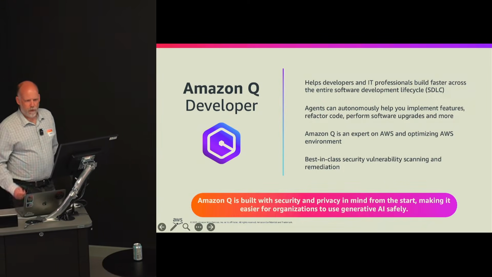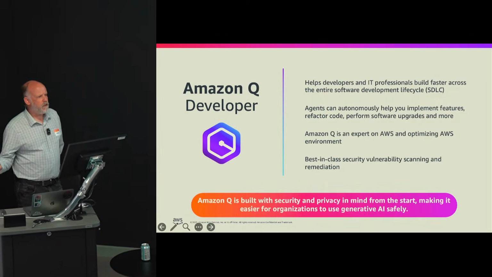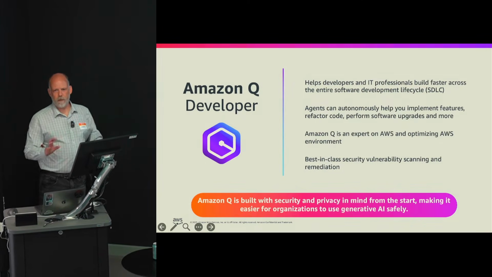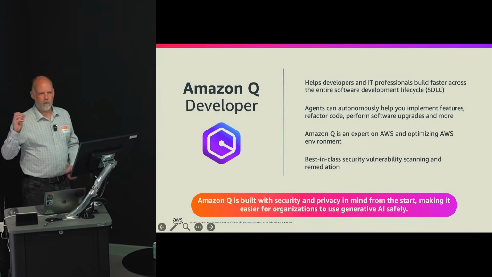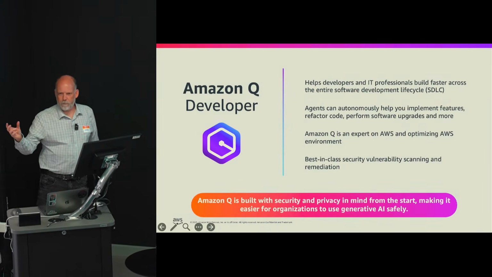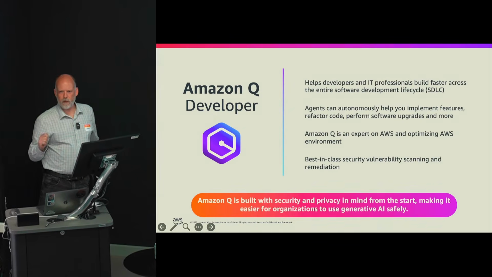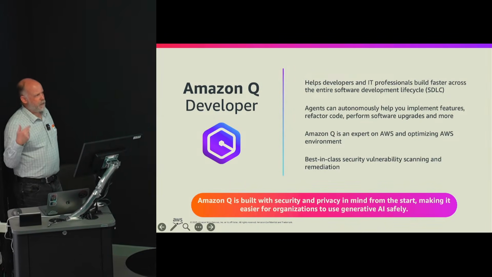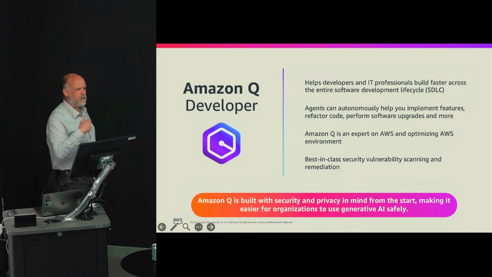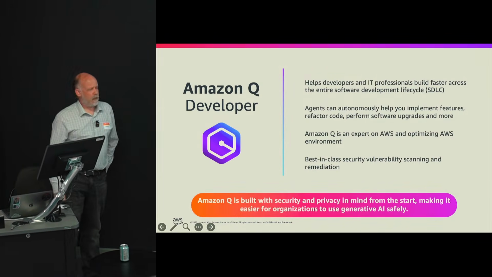So Q Developer will do the usual AI coding assistant stuff. You're typing away and it will pop up and say, oh, looks like you're making this sort of thing. Is this the function you wanted? Well, it might be, in which case, great, I'll have that. It might not be, in which case it quite often will have a whole bunch of different ones that you can cycle through and find something that looks like what you were building.